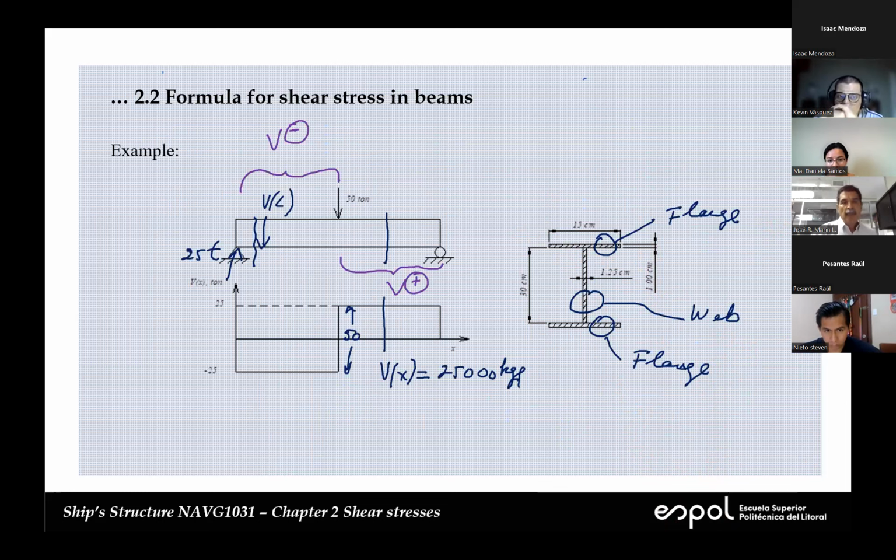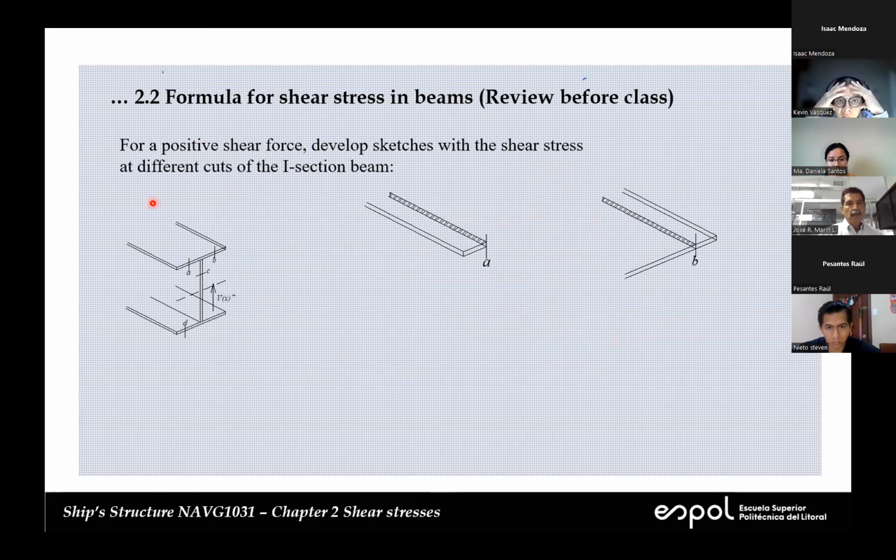Okay, so this is the example we are going to be analyzing, and we're going to consider the section. We're going to be doing cuts at different points of the section. So this is the section again. Let's assume, as you can see here, that the shear force is positive.